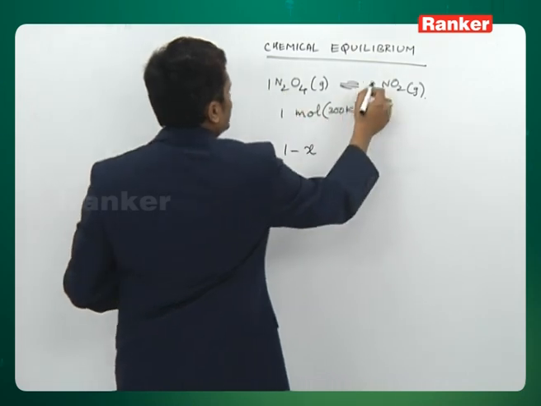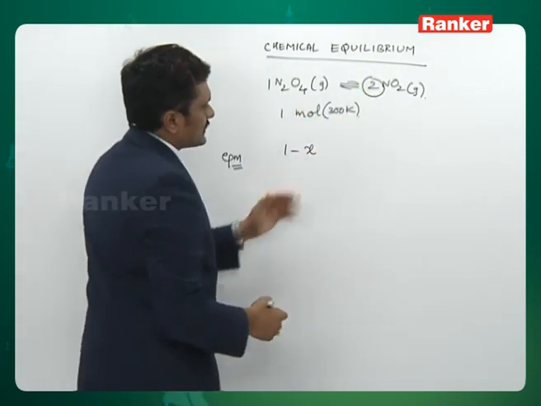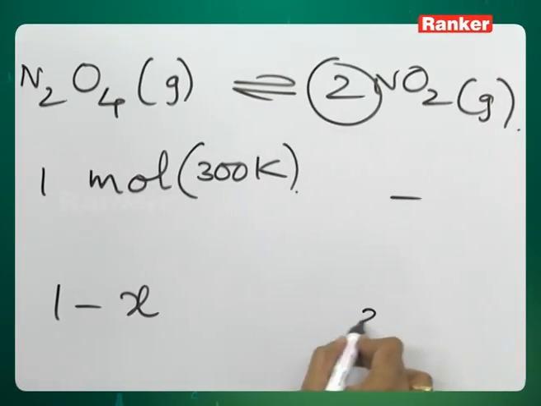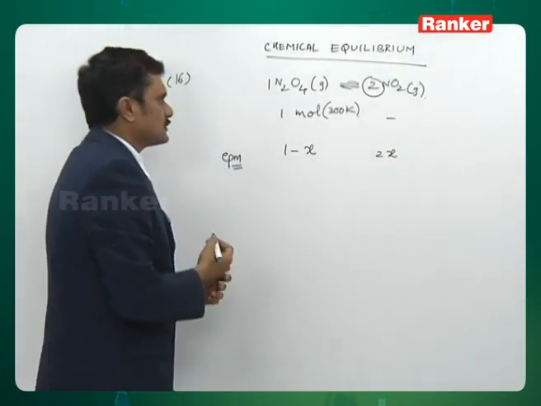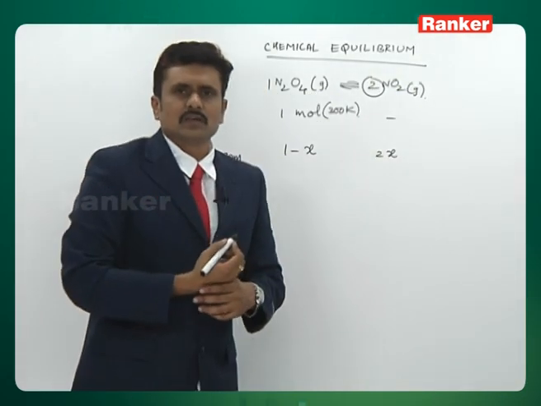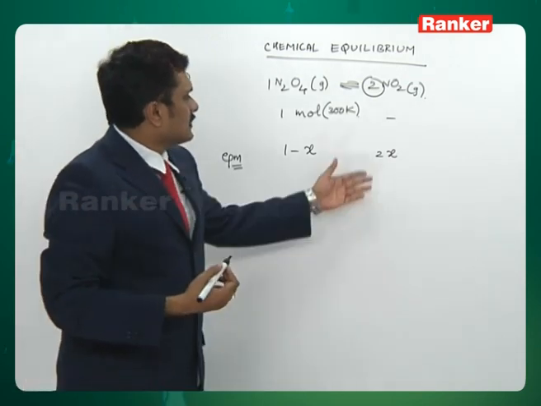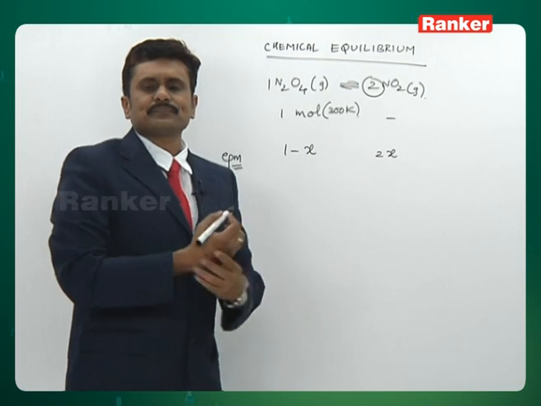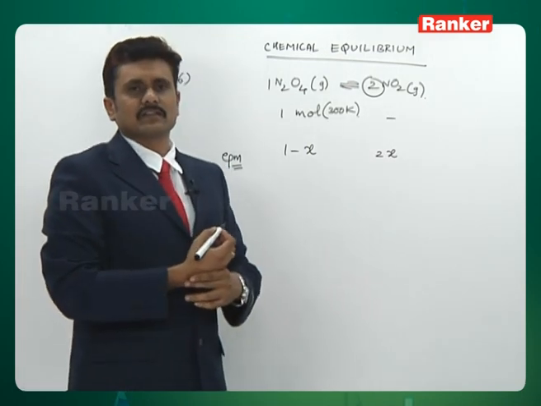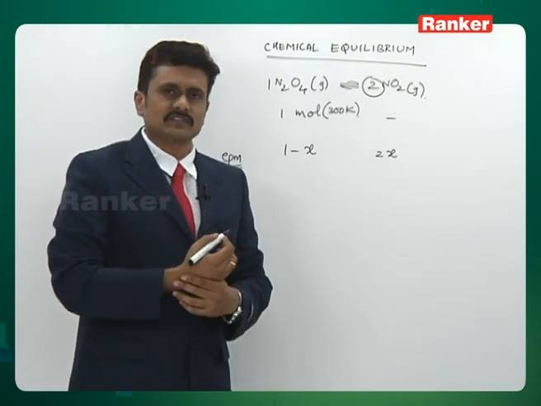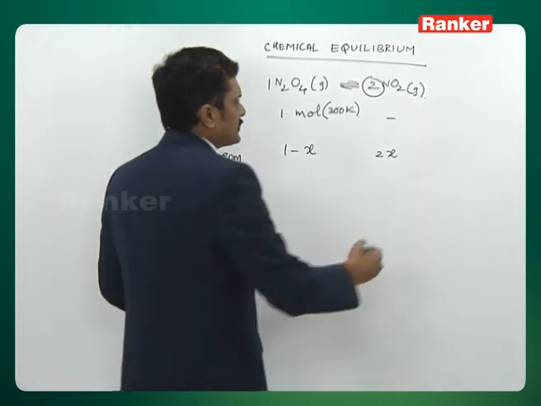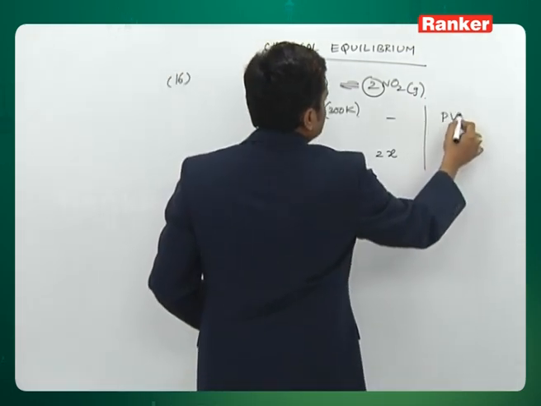For every 1 mole you are getting 2 moles of NO2. Hence for every x mole dissociation of N2O4, we can anticipate 2x moles of NO2 to be produced. But these are the numbers of moles of the substances at 300 Kelvin. Now we need to find the number of moles at 600 Kelvin. For that we will use the ideal gas equation.